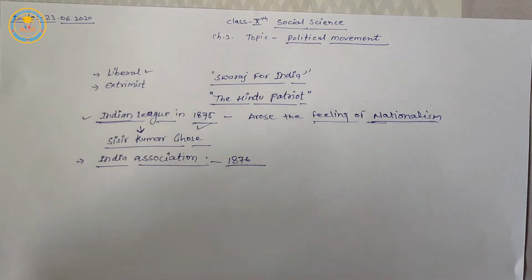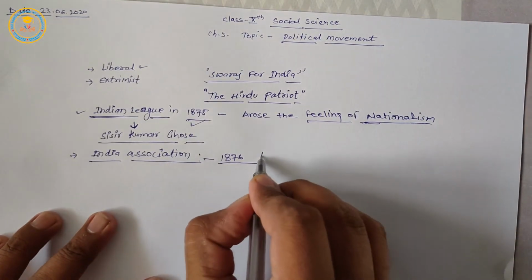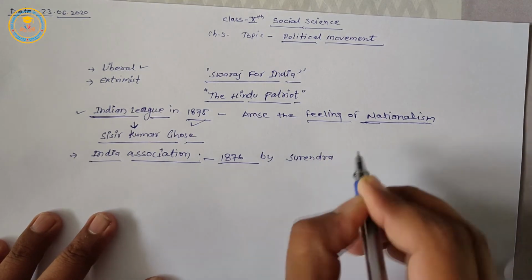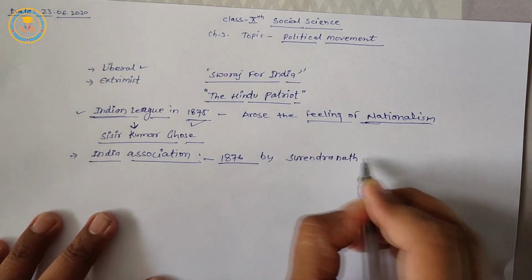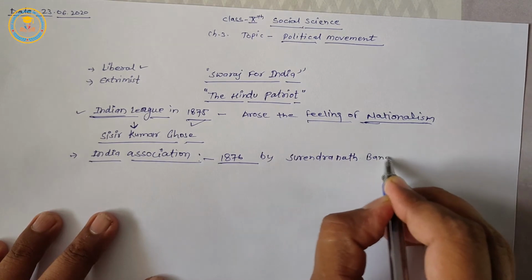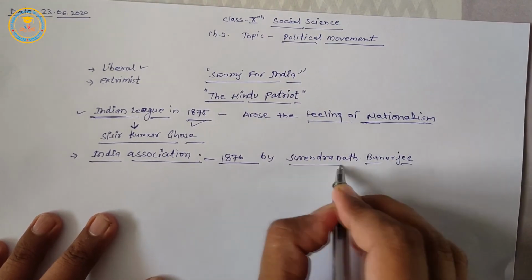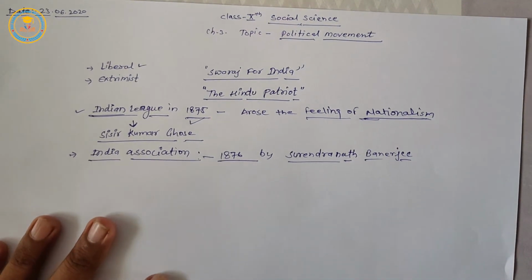The Indian Association was founded in 1876 by Surendranath Banerjee. Surendranath Banerjee also belongs to Bengal.